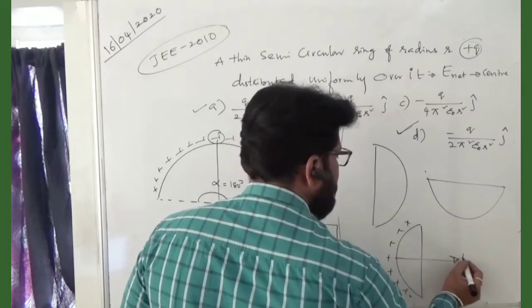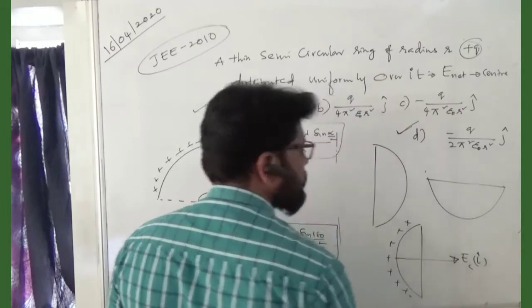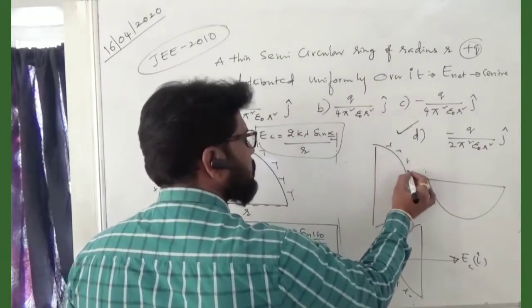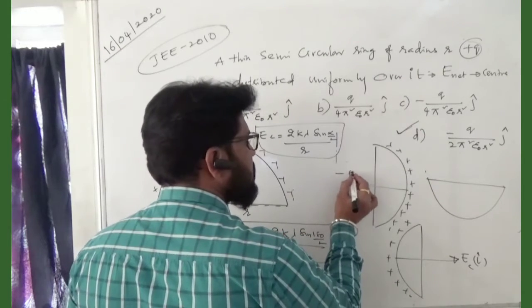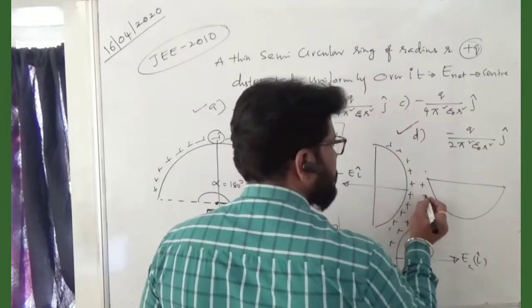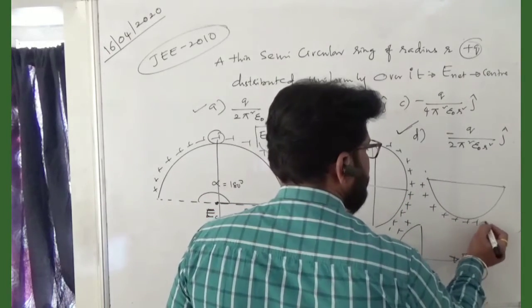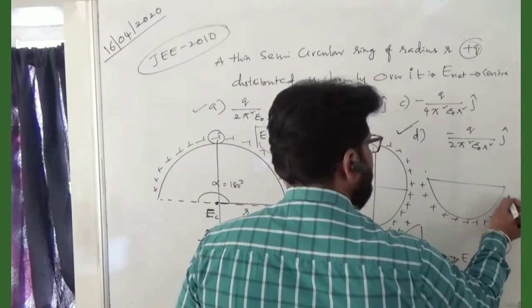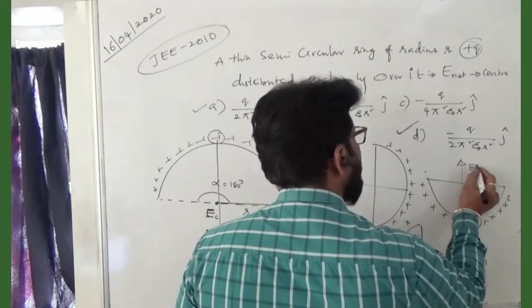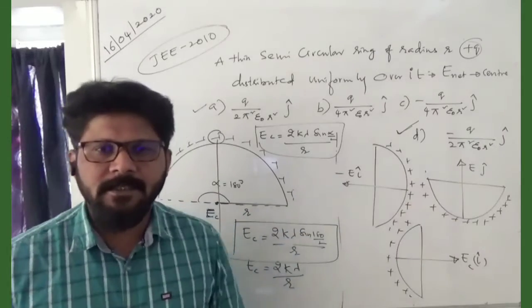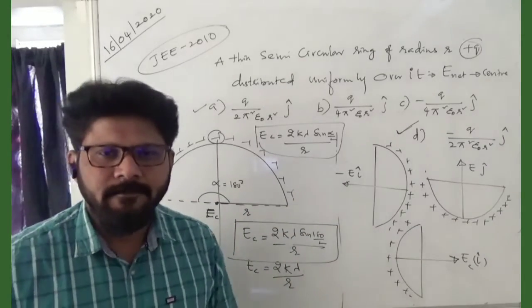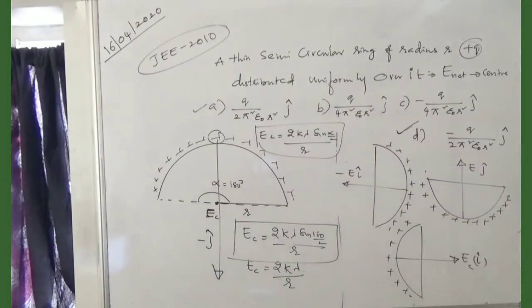Away from this one, this is nothing but i cap. Away from this one, minus i cap. If I take positive upward direction, plus j cap. So 1, 2, 3, 4 possibilities are there. Is it clear?